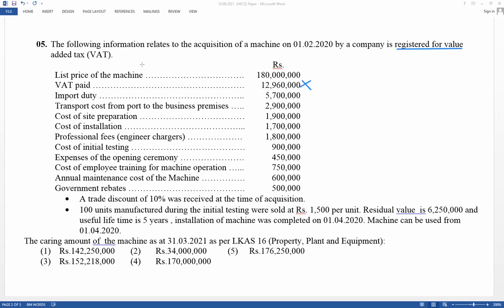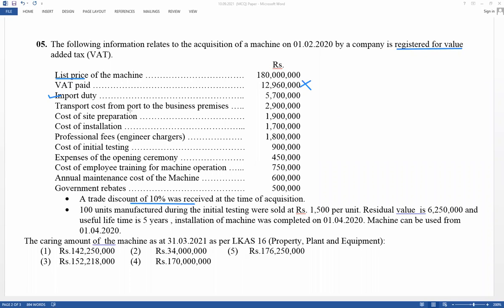Then the given information: list price is given. If it has given the list price, trade discount should be deducted. Next, import duty should be considered as part of cost value.